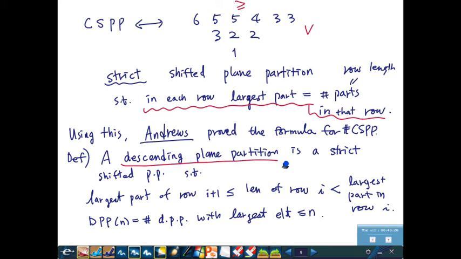Okay? So, why did he consider this? He considered this because he invented his method to compute this. But he realized that if you change this condition a little bit, because he understands this proof very well, we have a different object, but we can still enumerate this. That's why he considered this.